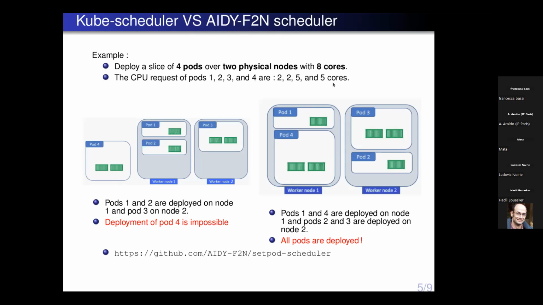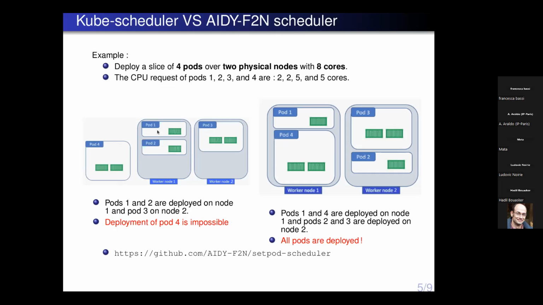If you use the default scheduler of Kubernetes and deploy the pods in this order, Kubernetes will not see the information of pods 2, 3 and 4 when it deploys pod number 1.